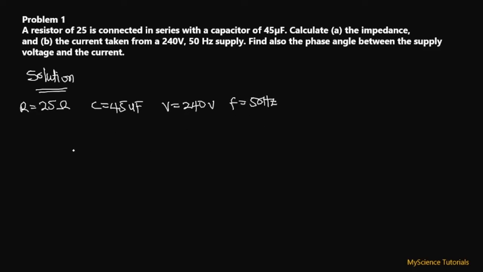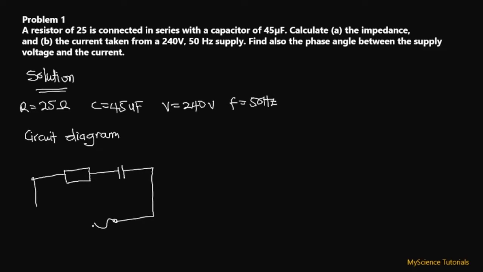Right, this is beautiful. Let me try and draw the circuit diagram for this particular question, so that you can understand what is going on. So the circuit diagram is going to look like this. I have my resistor over here, and then I have my capacitor connected to it in series, and then I have my AC source over here.